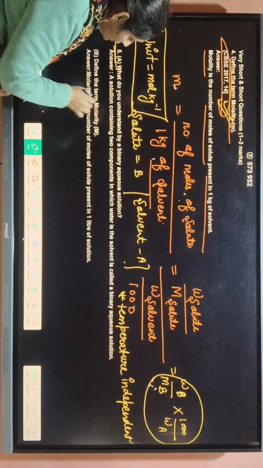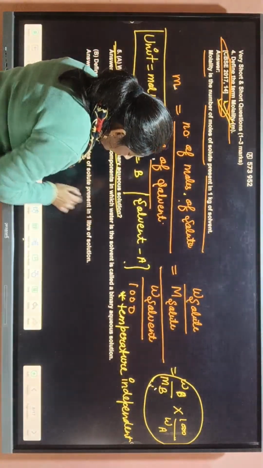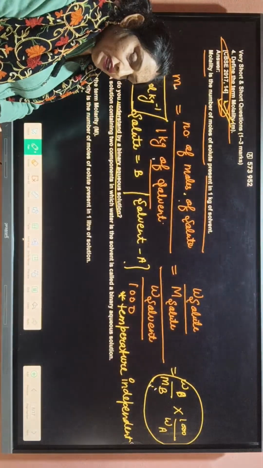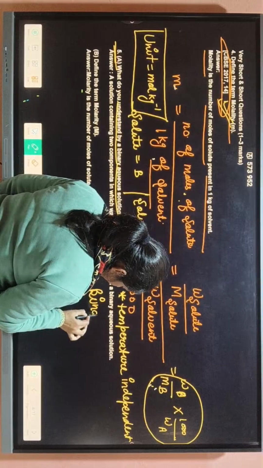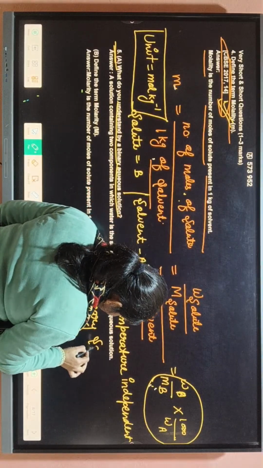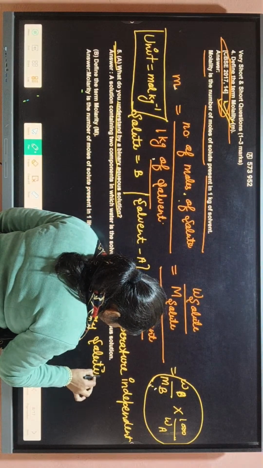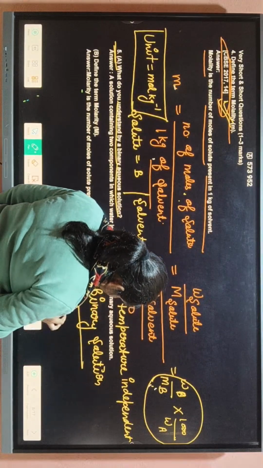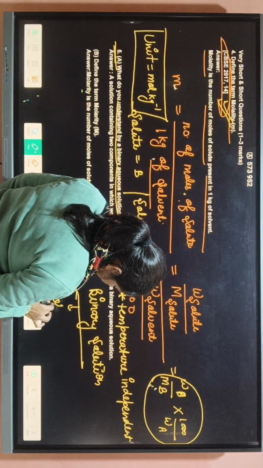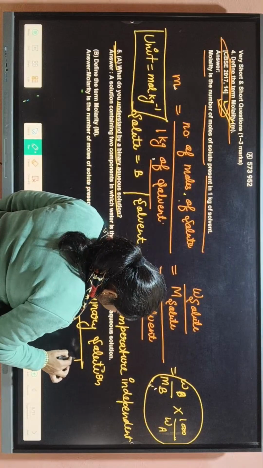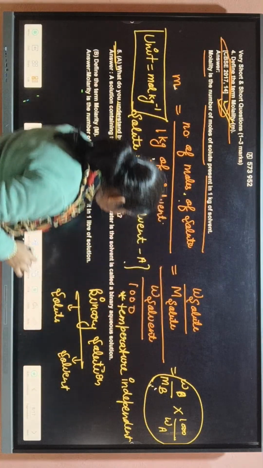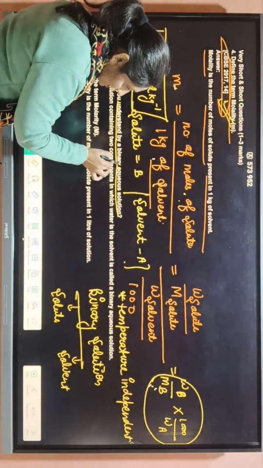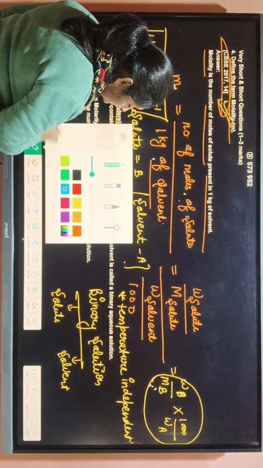What do you understand by the binary aqueous solution? Students, I already told what you mean by the binary solution. Binary means the solution in which there are only two components, one is solute and one is solvent. But here it says binary aqueous solution.